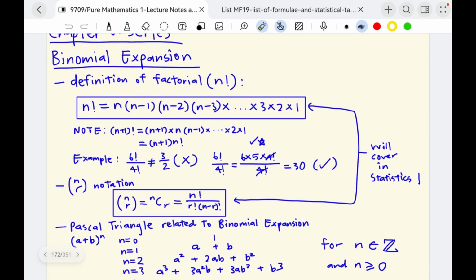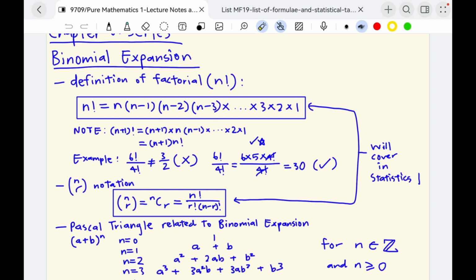Binomial. So the first thing, before you get to know the binomial expansion, is what is the factorial? How does it represent? N with the exclamation mark. This exclamation mark comes from an invention of the mathematicians, because he is lazy to write out the multiplications.